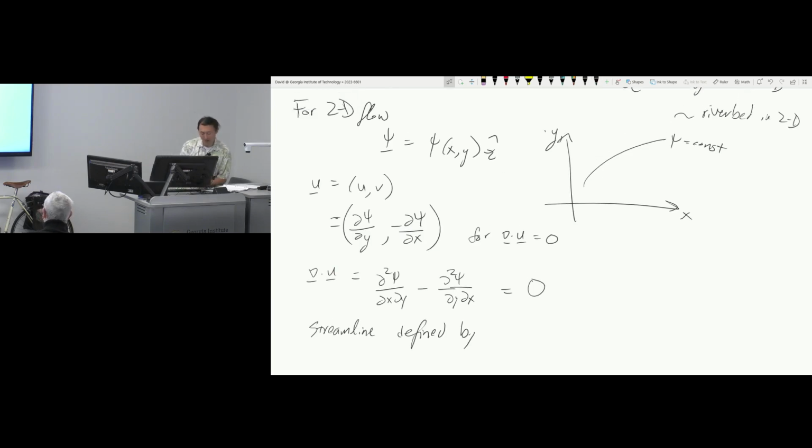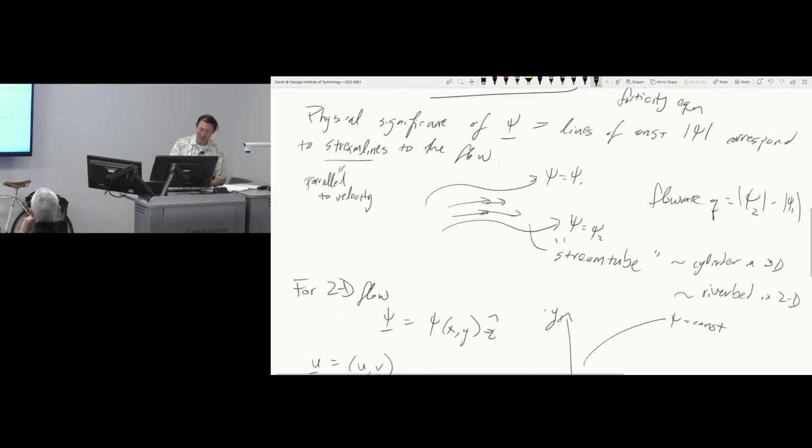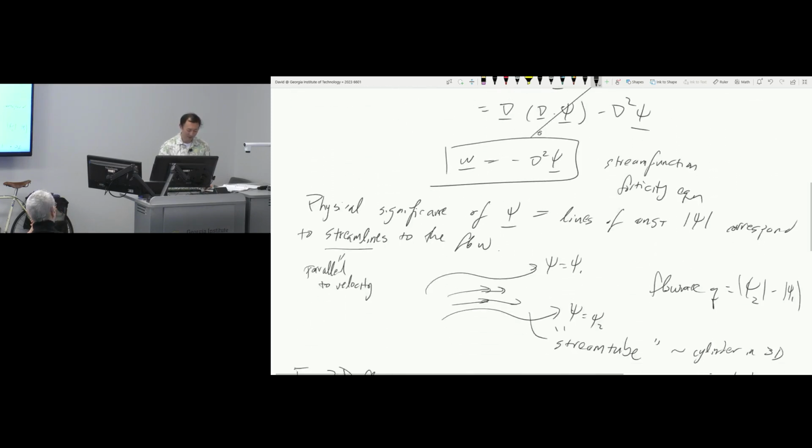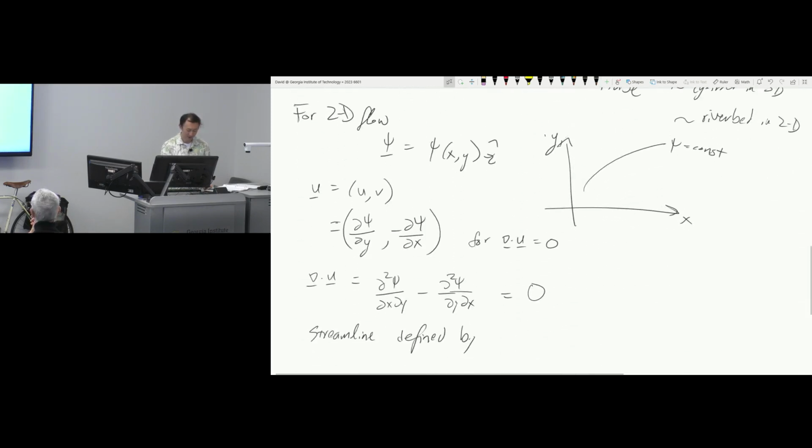So the story is that if you have del dot u equals 0, then you can write u as the curl of some psi. If I were to do curl in 2D, you take a derivative of that and then this one.